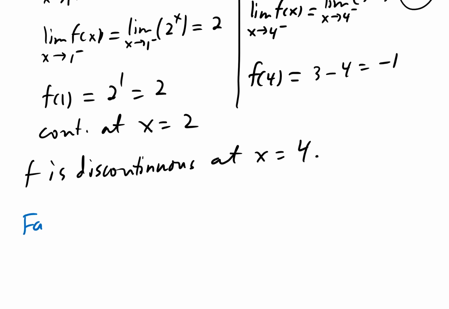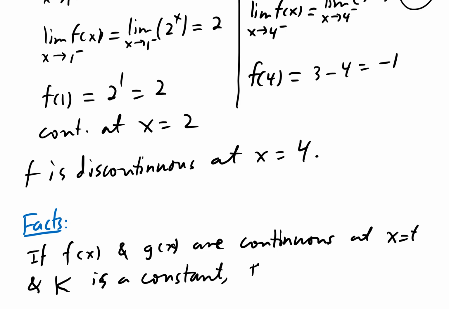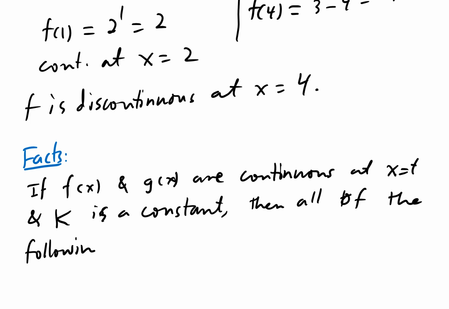If no one has any questions, we have some facts. If f of x and g of x are continuous at x equals t and k is a constant, then all of the following are continuous at x equals t.